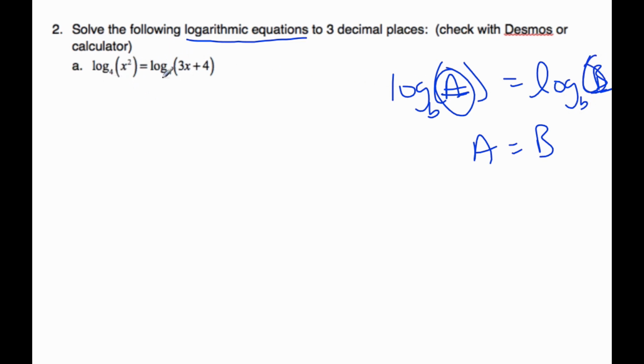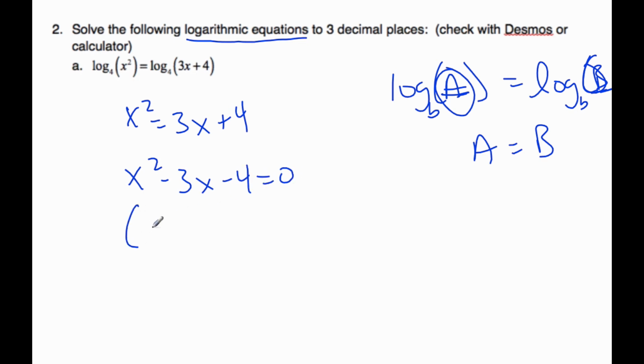I know these 2 logs are equal, the same base, and so, therefore, x squared must equal 3x plus 4. Solving this, I bring everything to one side, make it equal to 0, and I factor. I get x minus 4 and x plus 1.